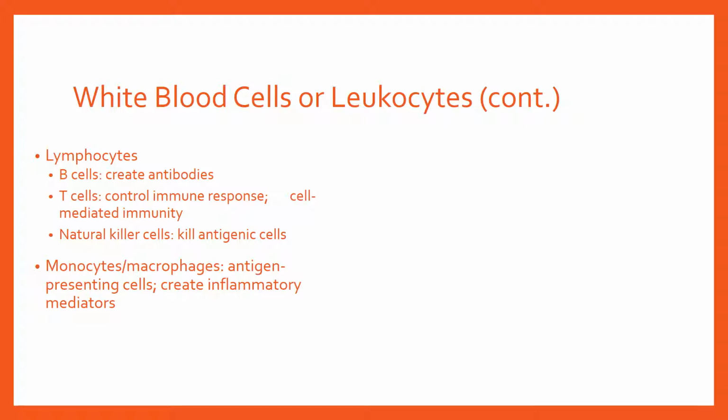It's a median percentage of monocytes, and the number will fluctuate, and between 3 and 8% this will be a normal count. But again, it's easy to remember 6% for monocytes.